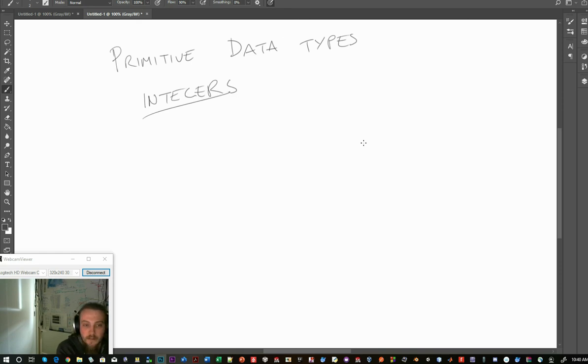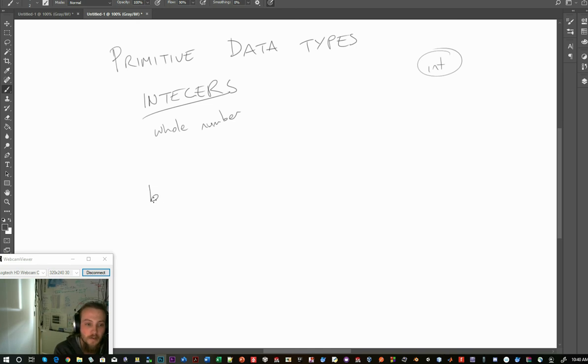This is probably one that a lot of students get confused about because they'll see the word int and think integer. Int is an integer, but it's not the only integer, okay? So all integer means is whole number, and that includes negative numbers as well. So integers are whole numbers, all right? And we have 4 data types that can store whole numbers in Java.